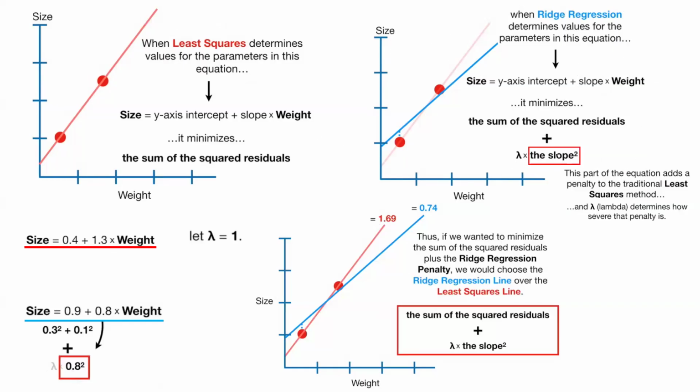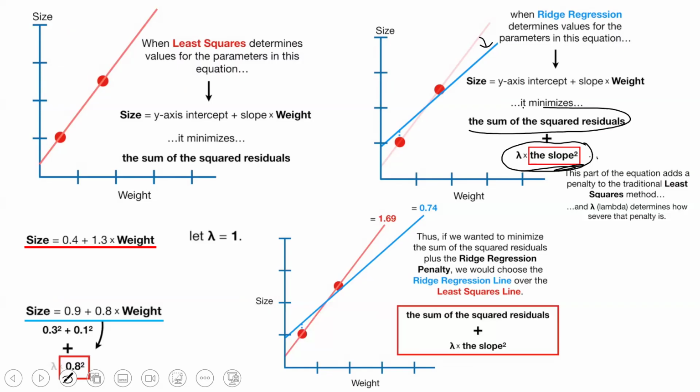So this is the bias that we are introducing with ridge regression. This bias will slightly shift the line. Why it slightly shifts the line is what you will see in the next example. This part of the equation adds a penalty to the traditional least squares objective function, which is minimizing the sum of squared residuals. But with ridge regression, to avoid the overfit problem and to reduce the variance, we add a small bias.